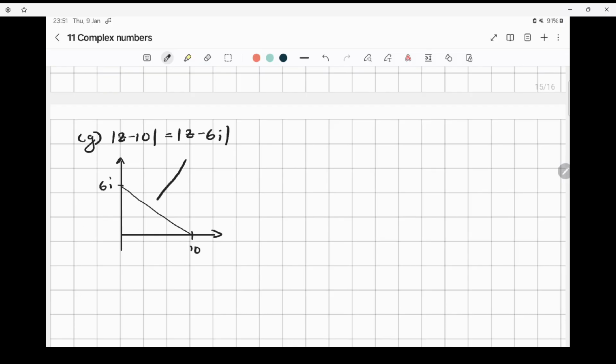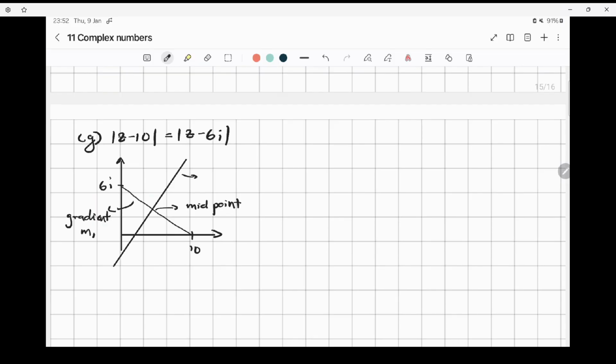Of course, in reality, when you want to calculate this, you need to find the midpoint, and then you need to find the gradient, which we usually label as M1.